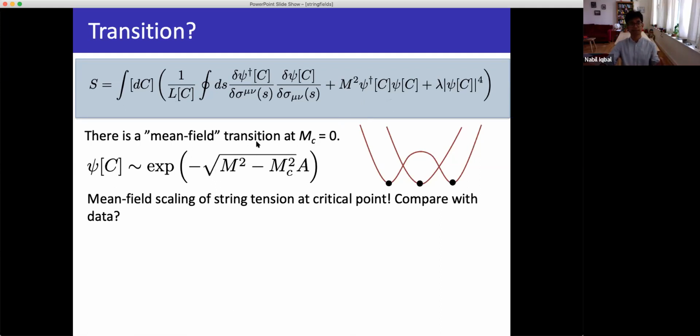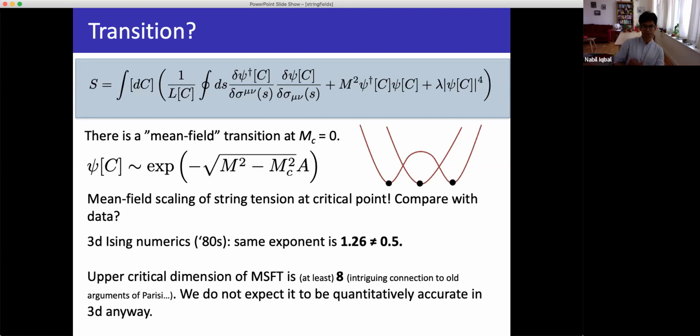Okay. This kind of transition is, of course, normal for mean field theories. In normal mean field theory, the correlation length diverges like a square root at the critical point. This is the same thing, but for string tension. So now there's a really strong temptation to compare this to experimental data and ask, does this do a good job? Does this correctly describe it? So what can I compare it to?